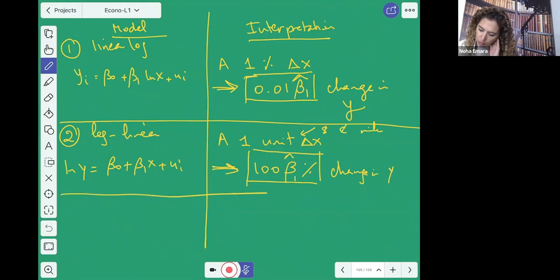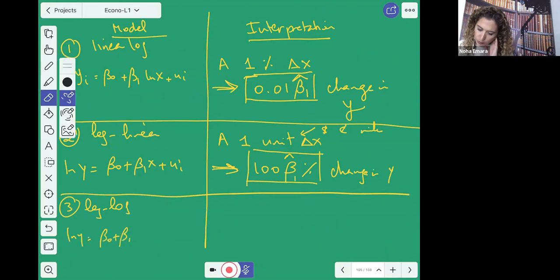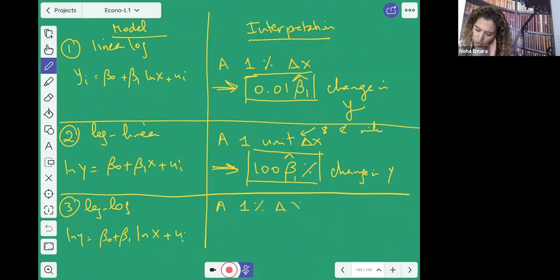Last one, the easiest. Log y equals beta 0 plus beta 1 log x plus u_i. So here again, a 1% change in x is associated with beta 1, you just add the percentage sign, change in y.